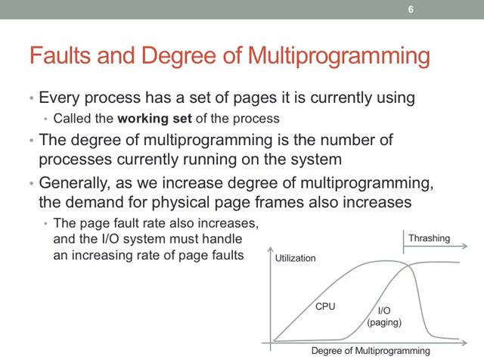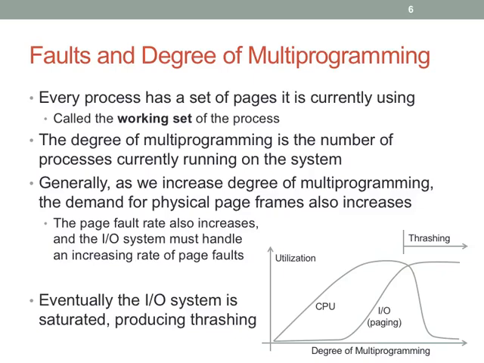At some point, paging starts to increase. And then at some point, paging increases to the point that the I/O subsystem can't keep up with the page fault rate. And that would cause the CPU utilization to crash again. Okay. So again, this is the observed behavior of systems in a qualitative sense. And so you say that the system is starting to thrash.